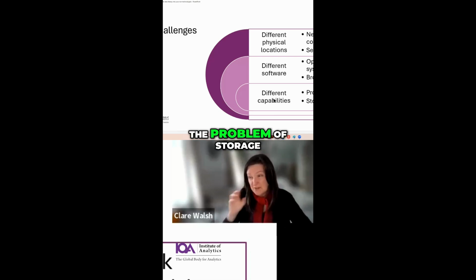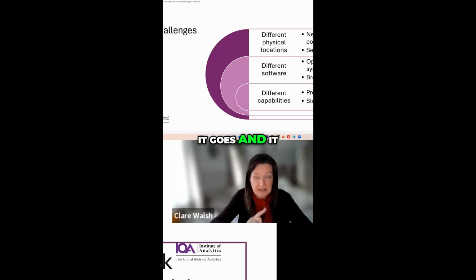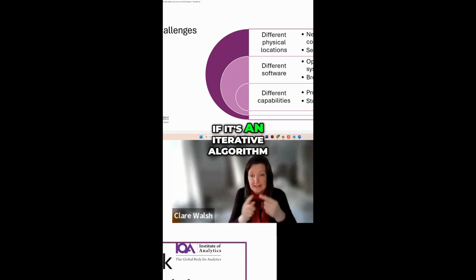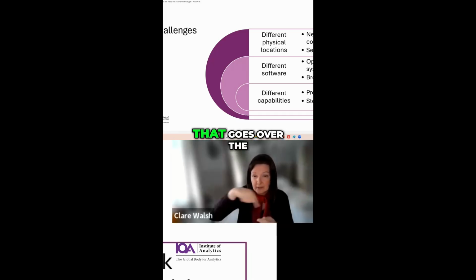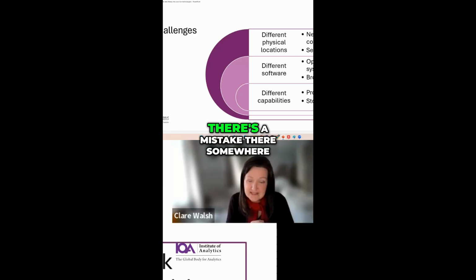And then you've got the problem of storage and processing power. Some of these algorithms, it's not like running Excel. It doesn't ping back instantly. If it's complex, if it's big data, if it's an iterative algorithm that goes over the data set many times, when my son was doing this, he would have to send his data off and then literally wait until the next day for it to finish processing, because he was working with a very slow system, and it would come back and say there's a mistake somewhere.